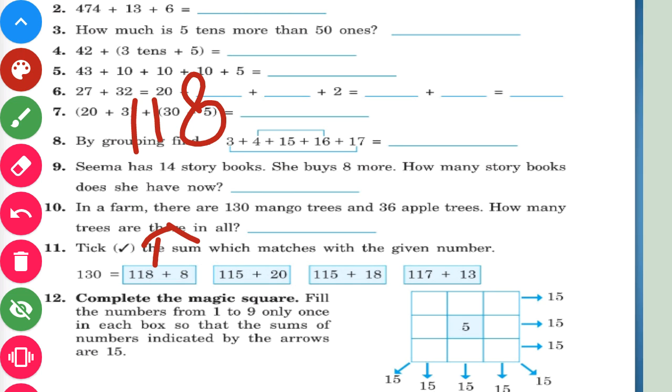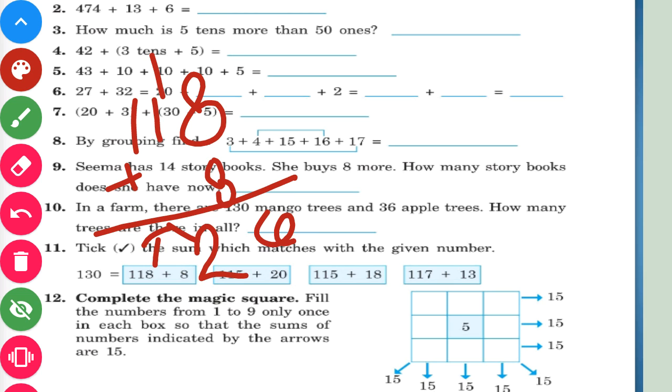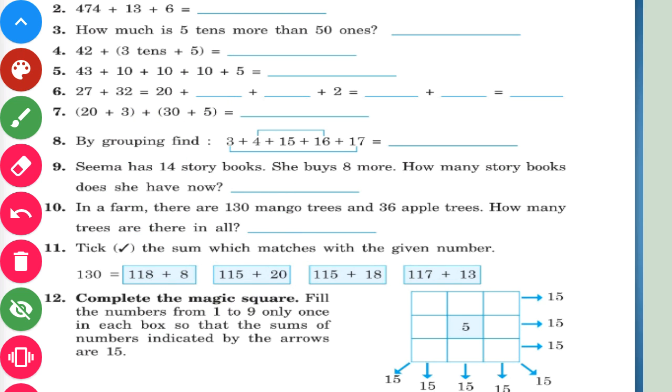How much will we get? We will get 8 plus 8, 16. Carry 1, 2 and 1, 126. No, it is incorrect. Now 115 plus 20. Let us find out 115 plus 20.